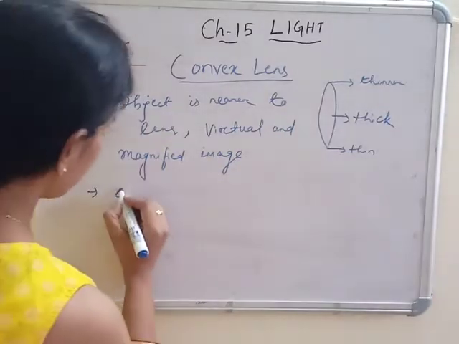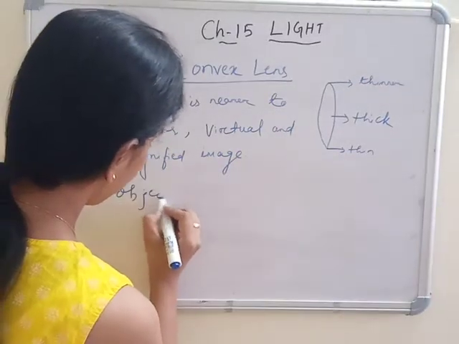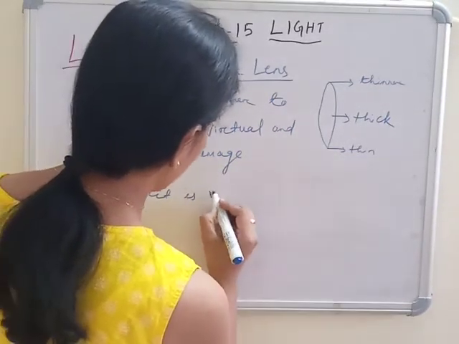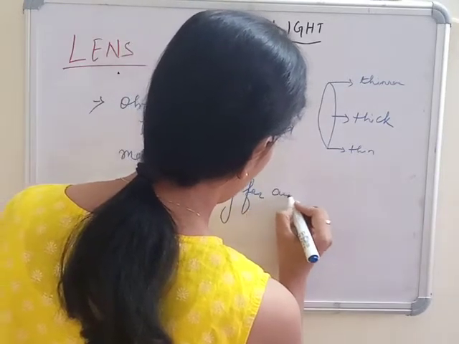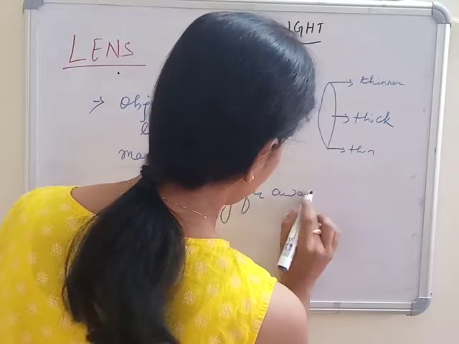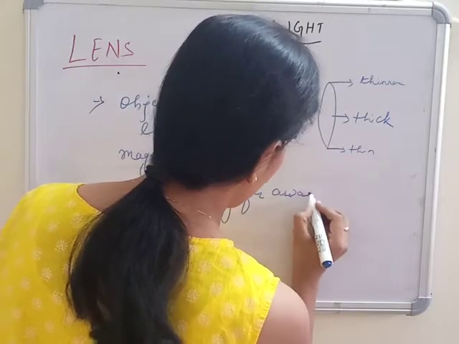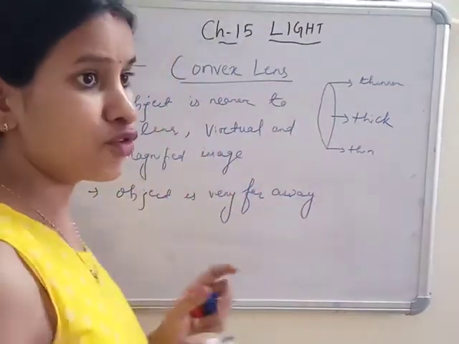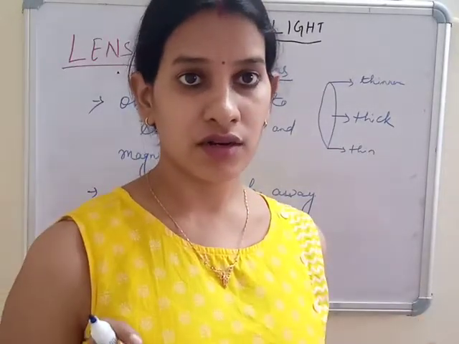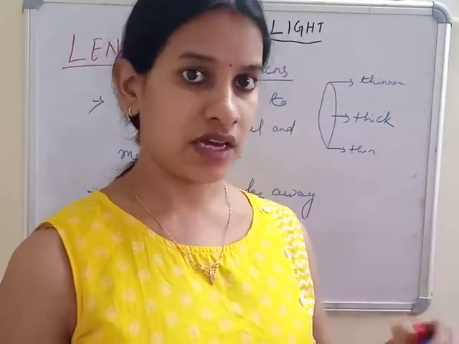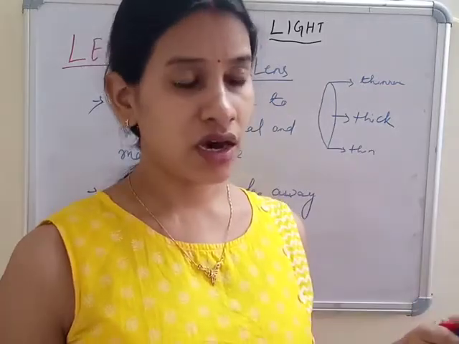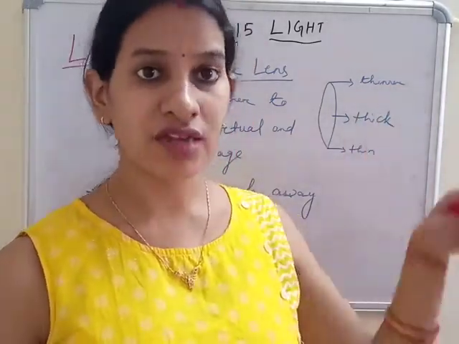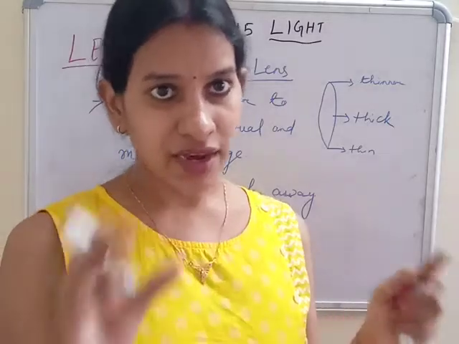If the object is very far away, say I am going to focus on the mountains. I am in my garden or my home and I want to focus on a far distance tree or mountain with my lens.